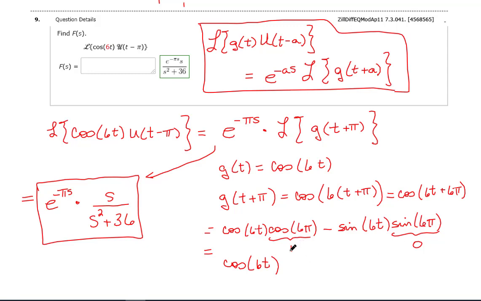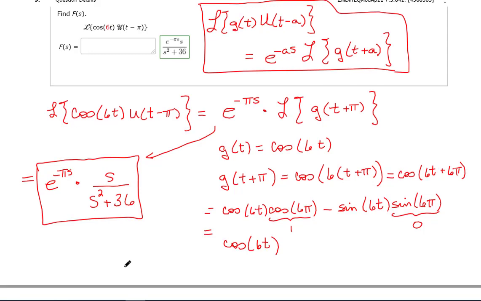Cosine of 6 pi is 1, sine of 6 pi is 0. So my Laplace transform of g of t plus pi is really the Laplace transform of the cosine of 6t, and that's s over s squared plus 36.